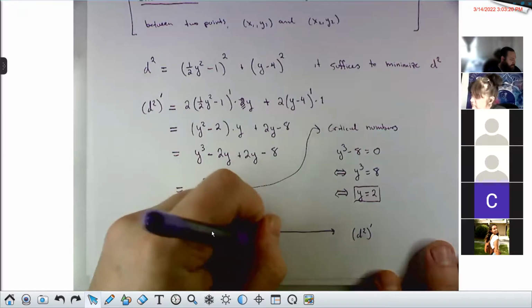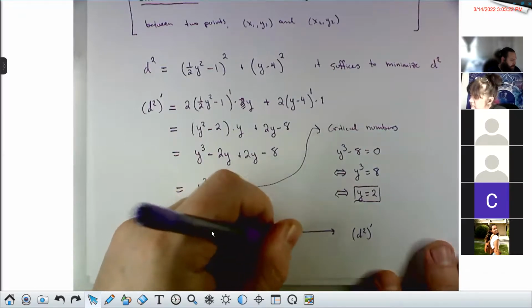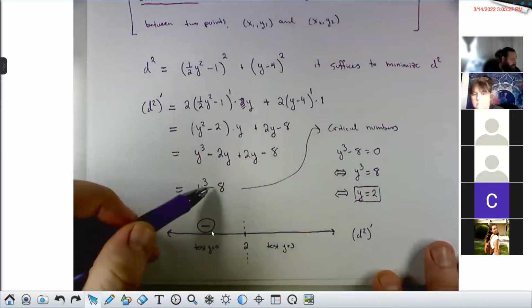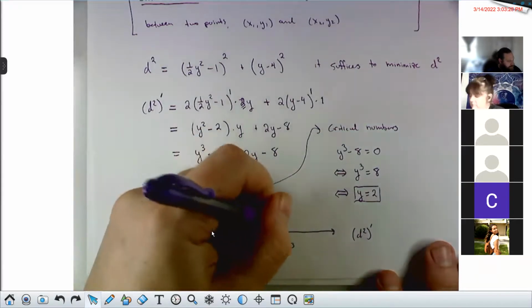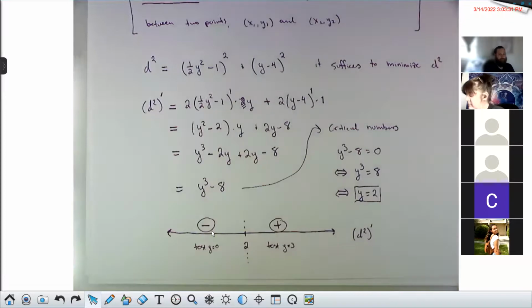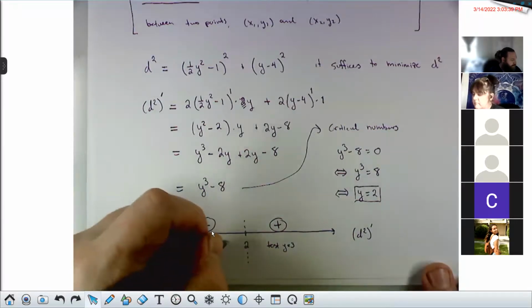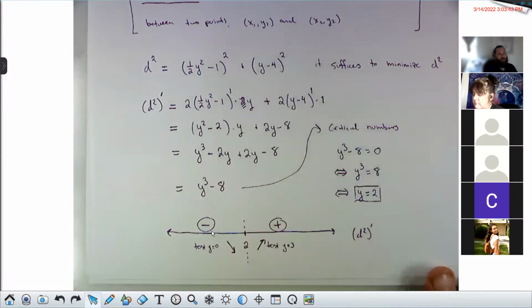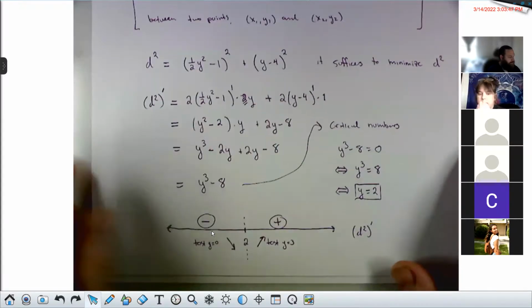If you test something to the right of 2, like y equals 3, you get 3 cubed minus 8, which is 27 minus 8, which is definitely positive. So we are decreasing everywhere to the left of 2, increasing everywhere to the right of 2. That means y equals 2 must be a min. Not just any min, but an absolute min.